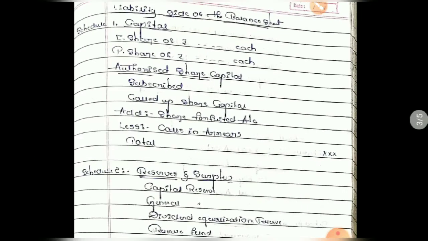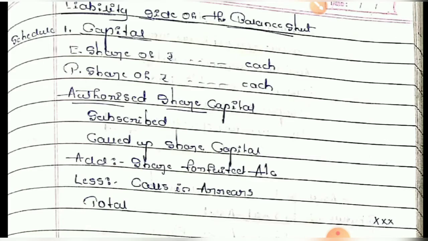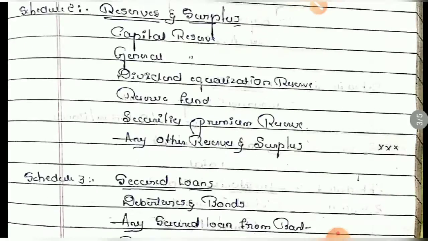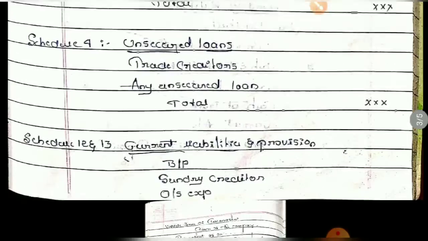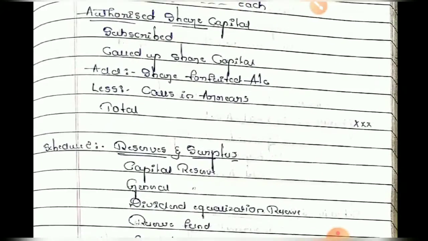These note numbers should be explained like this. So you have to memorize the note numbers: note number 1 indicates what, 2 what, and what is the third, all those things, from the first up to the 14th.